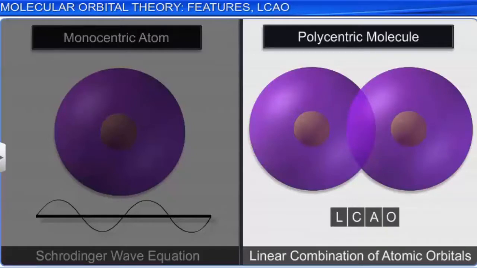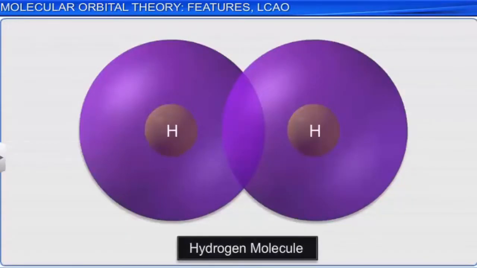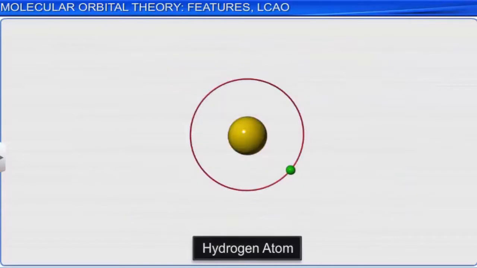To understand this method, let's consider the hydrogen molecule made up of two hydrogen atoms, A and B. At ground state, each hydrogen atom has one electron in the 1s orbital. Let's represent their wave functions as ψA and ψB.